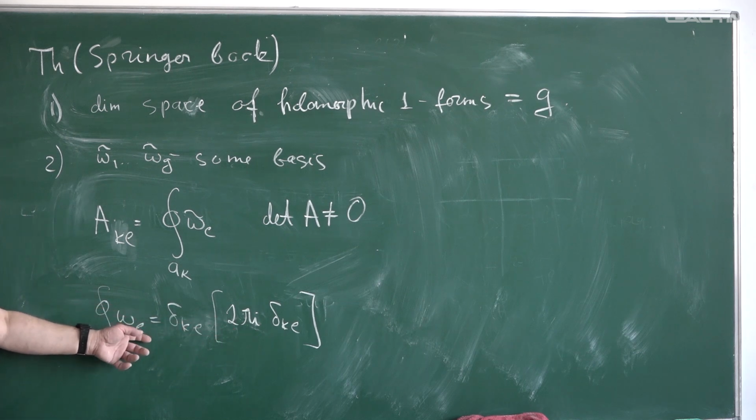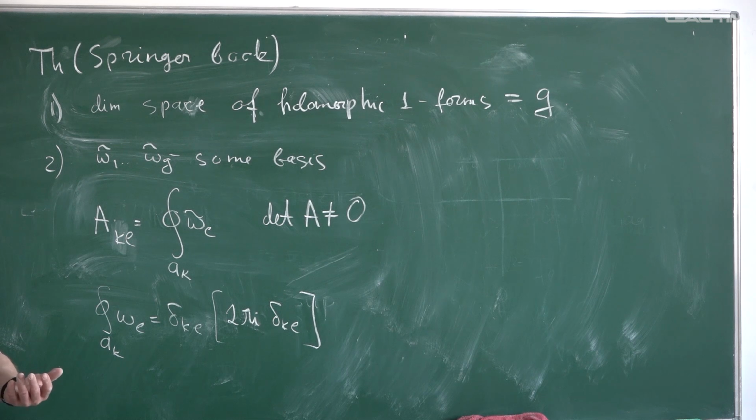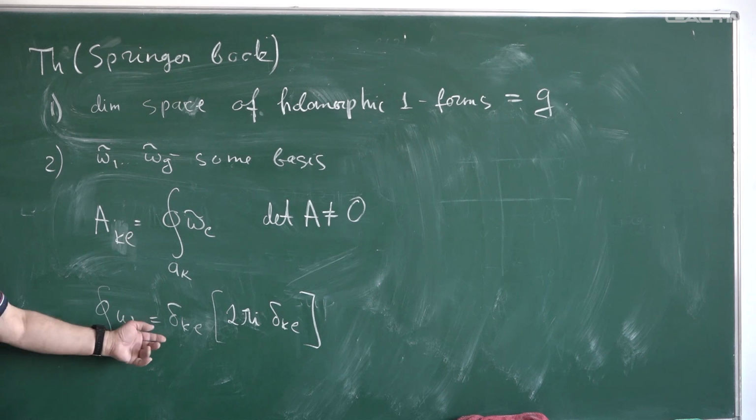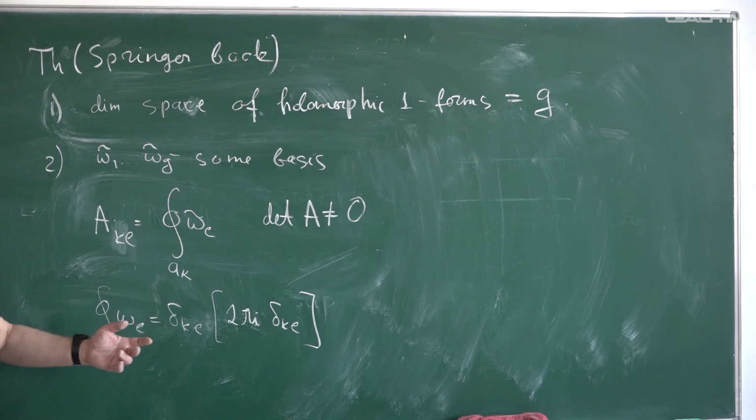But nevertheless, you can choose such a basis. So you have a Riemann surface with a fixed collection of A and B cycles, and you can fix a canonical basis. But the canonical basis depends not only on the Riemann surface, but also on the selected basis of cycles.